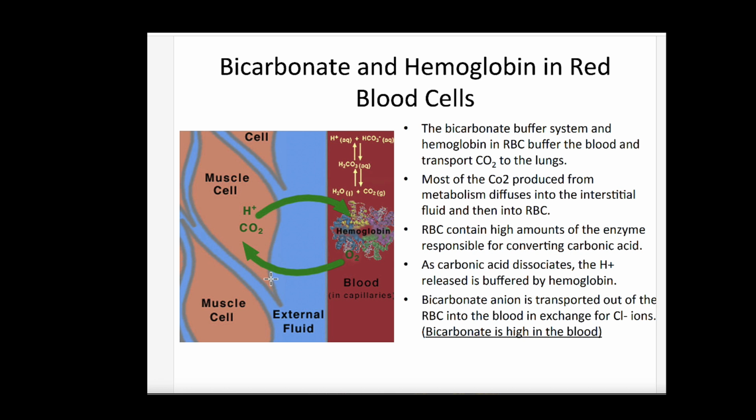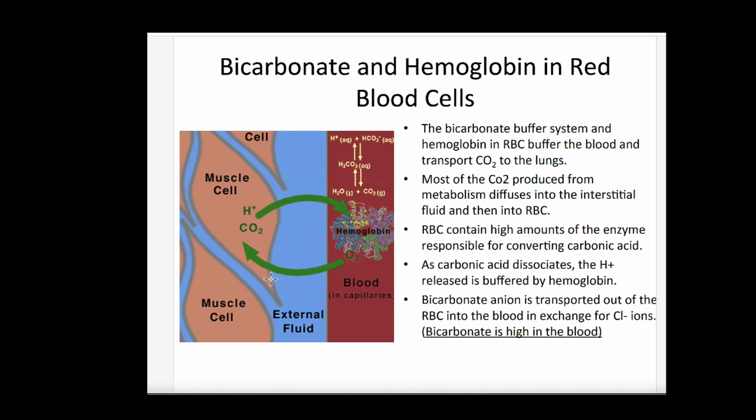One of the things that is different with the blood is that although there's no carbonic anhydrase found in blood plasma or even in the interstitial fluid, the red blood cells contain a high amount of the enzyme. And so CO2 is going to be rapidly converted to carbonic acid within those cells.